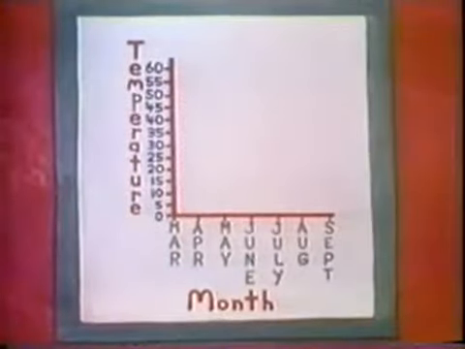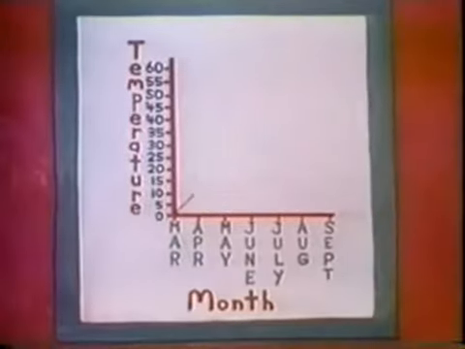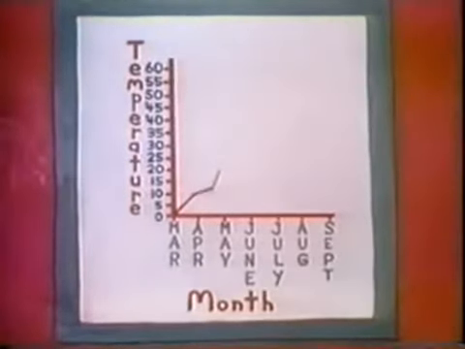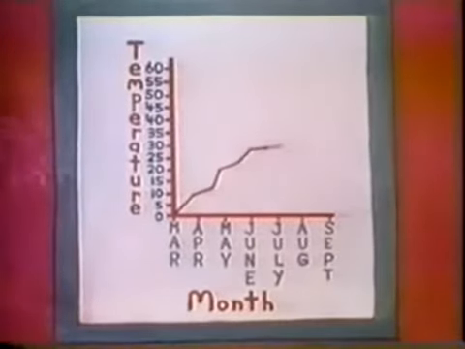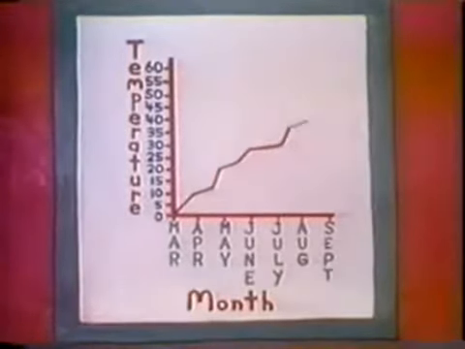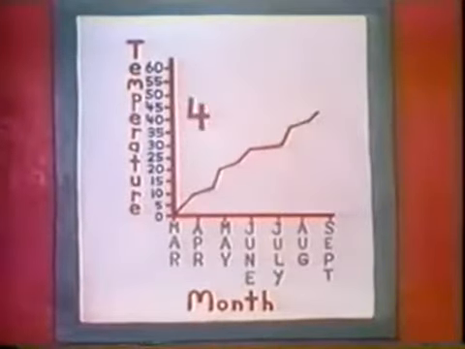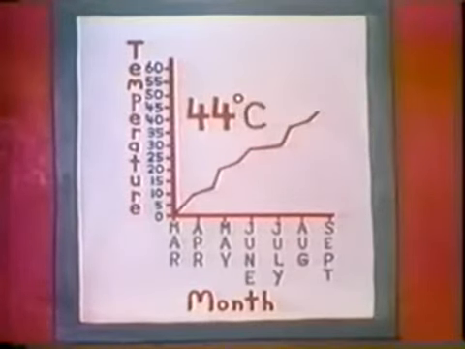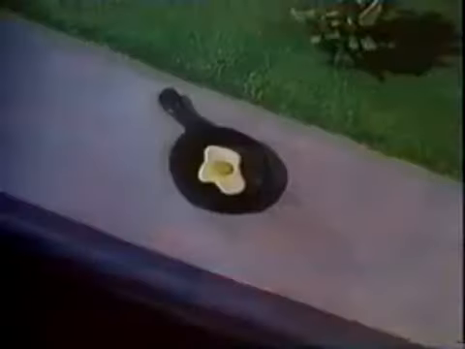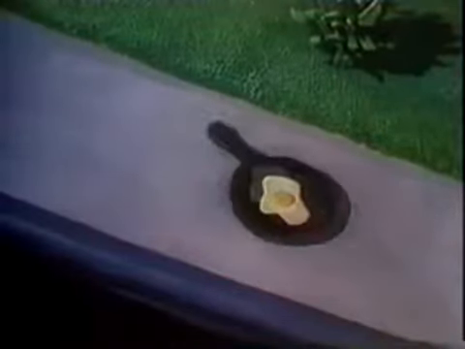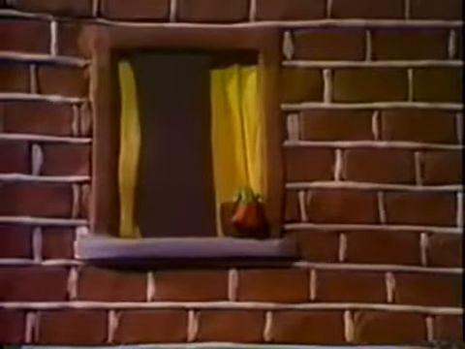Once again, Center City is on the brink of disaster. One look at this graph and you'll know why. This graph shows the average daily temperature for the last 7 months. Note the steady rise in temperature month by month. In September, the average temperature hit 44 degrees Celsius. The heat wave is taking its toll. You can fry an egg on the sidewalk. Plants and people are wilting.